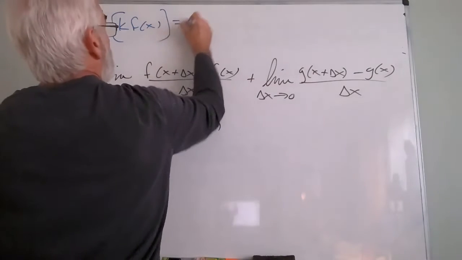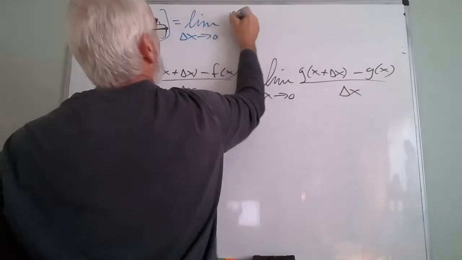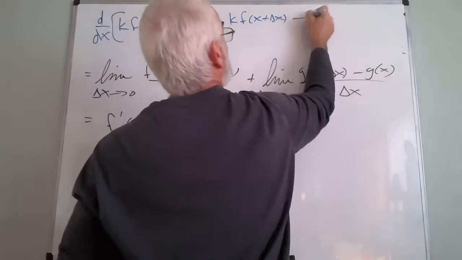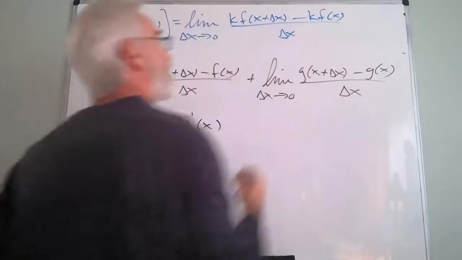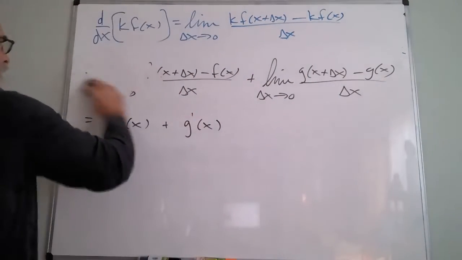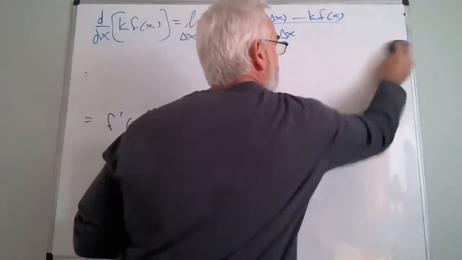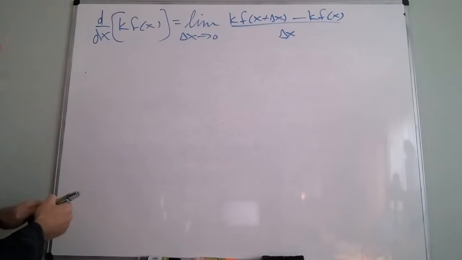Well, I know this is going to be the limit as delta x goes to 0 of k f of x plus delta x minus k f of x, all over delta x. Okay, that's straight up the definition of the derivative. Well, how does that help me? Well, remember, I can always factor a constant out of a limit.